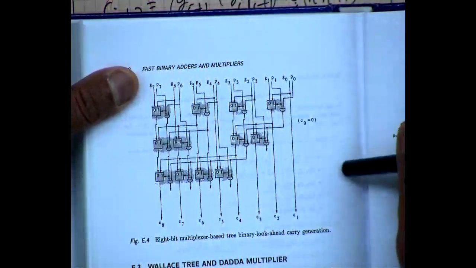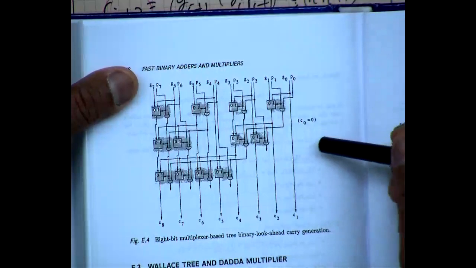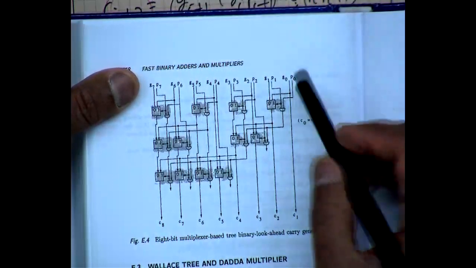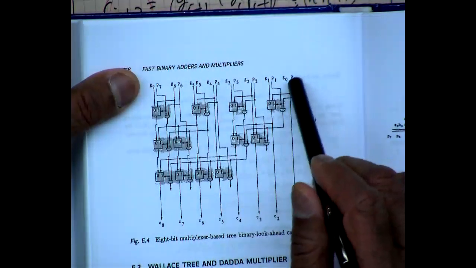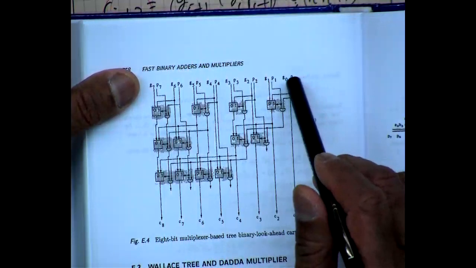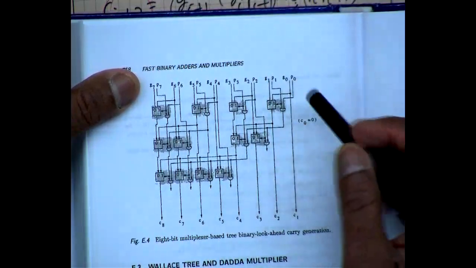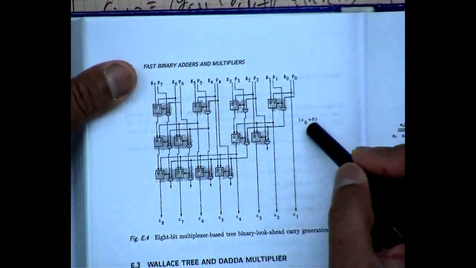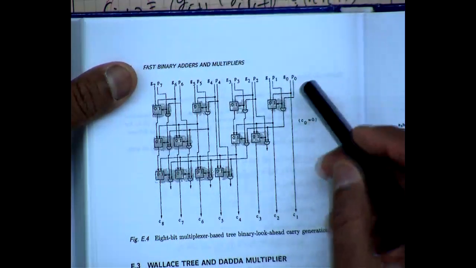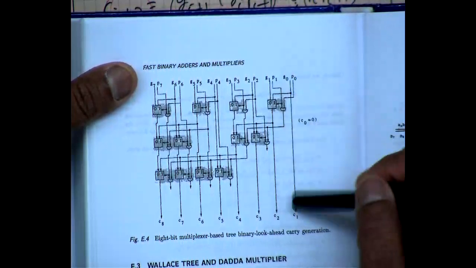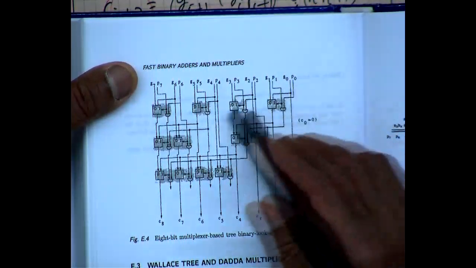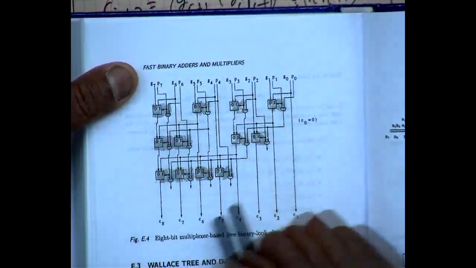So this is the binary look ahead, or the tree based adder. If you look here, we are starting with P and G for bits 0, 1, 2, 3, 4, 5, 6, 7, an 8-bit adder. Initial carry C0 is 0. Simply C1 is the same as G0. By the way, this is showing only the carry generator circuit.